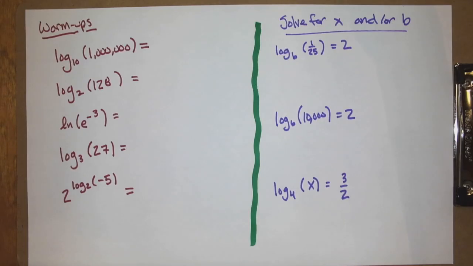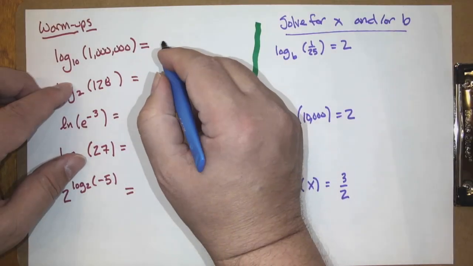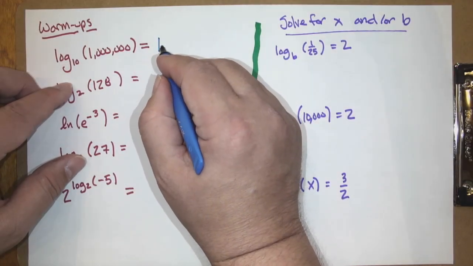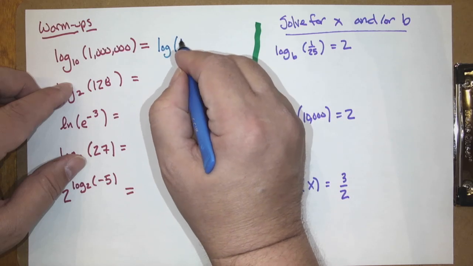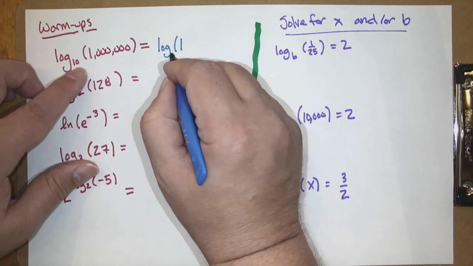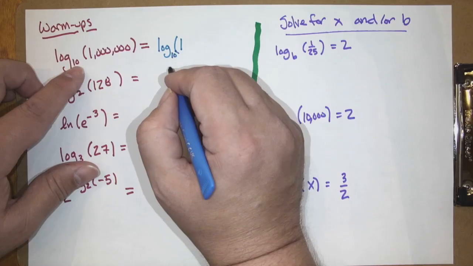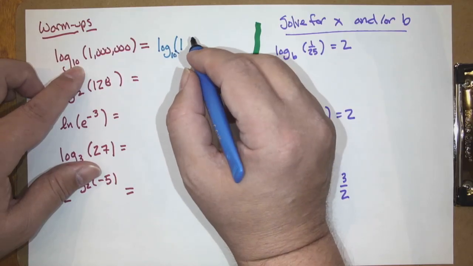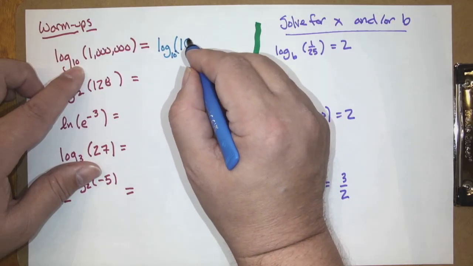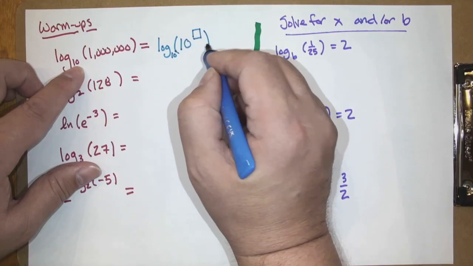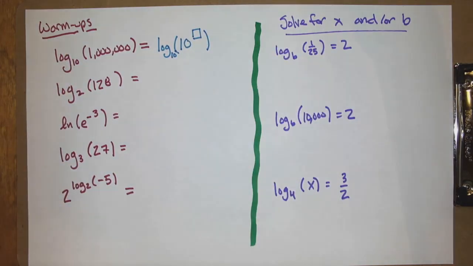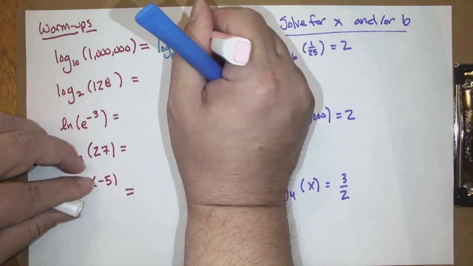What's another way to think of 1,000,000? Well, since we're working in log base 10, we don't actually need to write the word base 10, so we could just say log. So I'm going to think of it as 10 to something. Because if I can write it that way, then I have a chance. And the question is, what's the something?